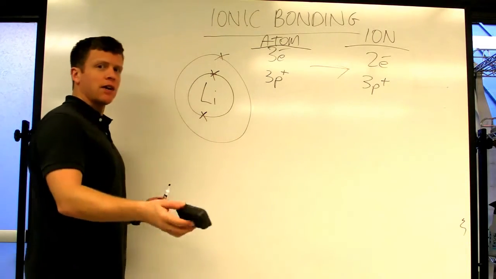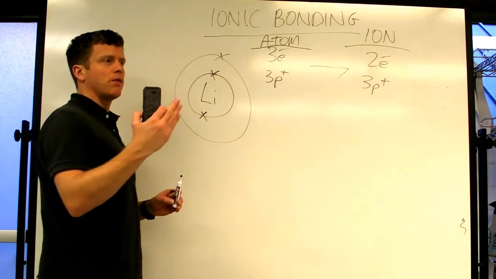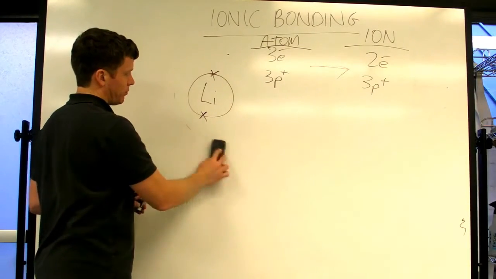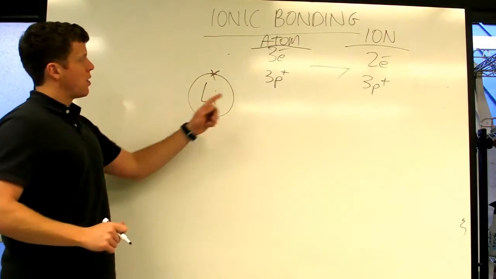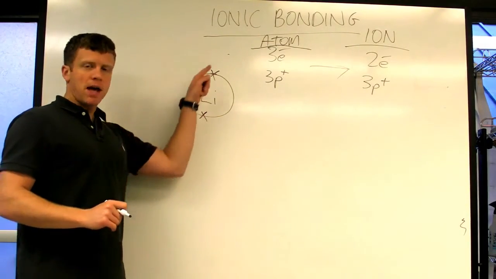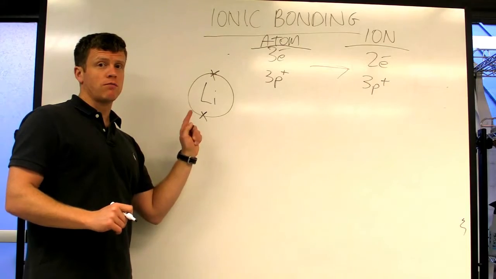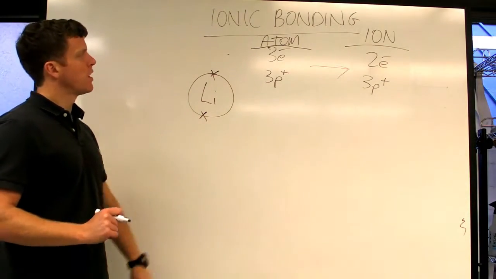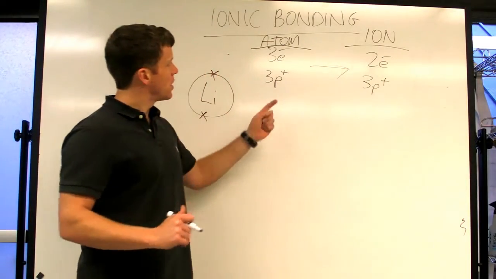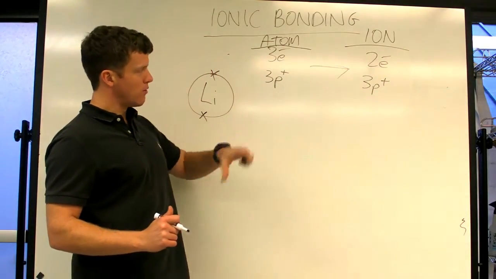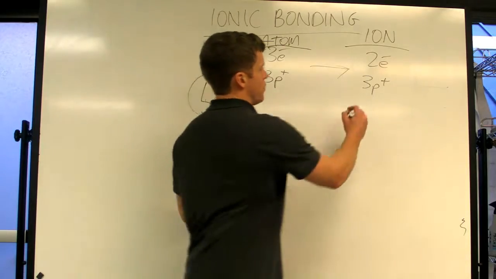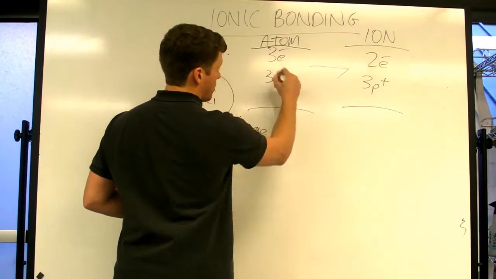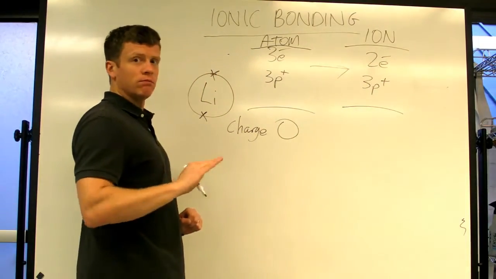The process that takes the least amount of energy is to lose this 1 electron. Even though it's got a positive charge now, the next energy level down is complete with electrons. So that's more energetically favourable for lithium to exist this way. But it still has the same number of protons and the same number of neutrons, but lost 1 electron. So the charge on an atom is always zero charge.